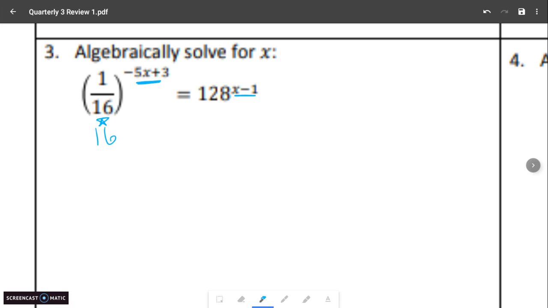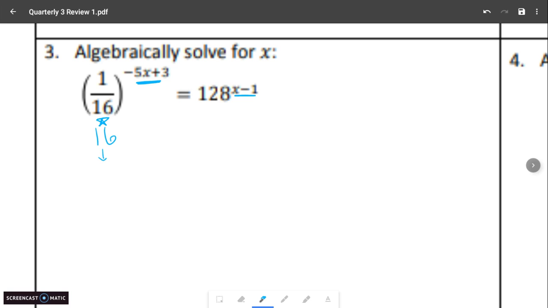So first, I normally try to take 16, raise it to a power to see if I can get that 128. Unfortunately, we cannot, so that one is not going to work. 16 is 4 squared. However, I cannot take 4 and raise it to a nice power to get 128 when I play around on my calculator.